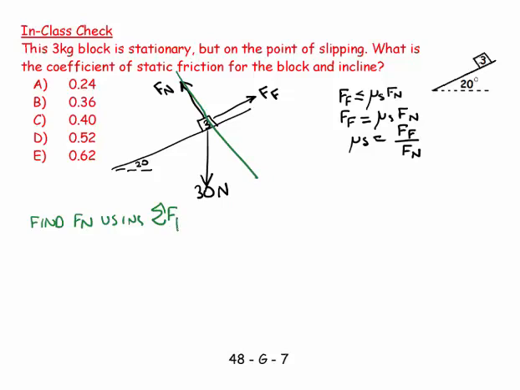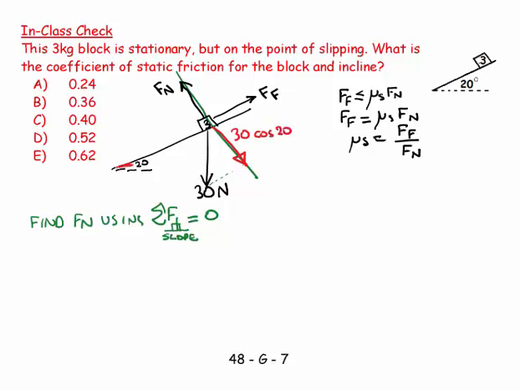Sum of the forces perpendicular to the slope, or if you like the green line, equals 0. Now I'm getting more practiced. There's my component, and I know that this is going to be 30 cosine 20.